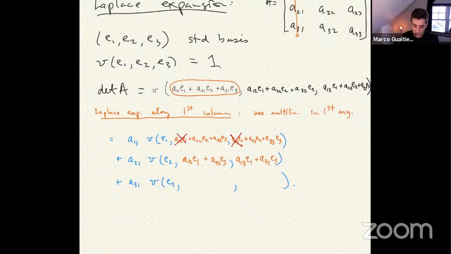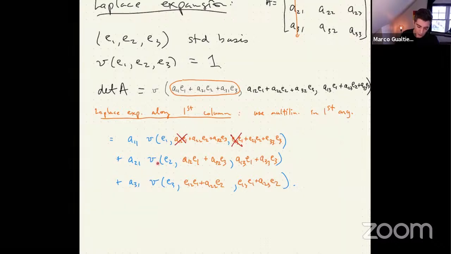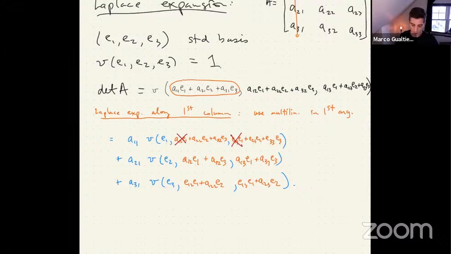You see what I mean? Now what is occurring in these terms, let me write the last one, A12 E1 plus A22 E2, and here it's A13 E1 plus A23 E2. So I don't need to write E1 in the second and third entries, I don't need to write E2 here, and I don't need to write E3 here.